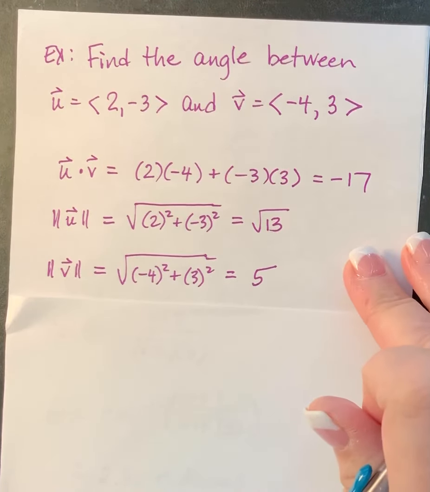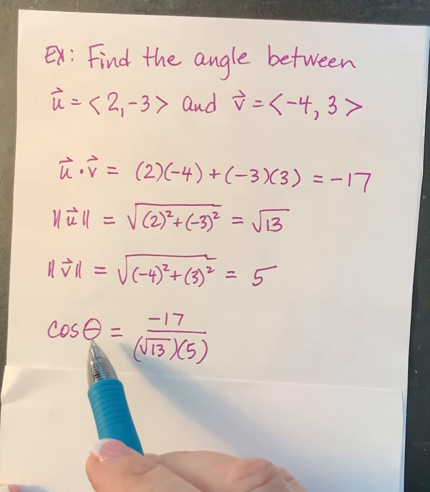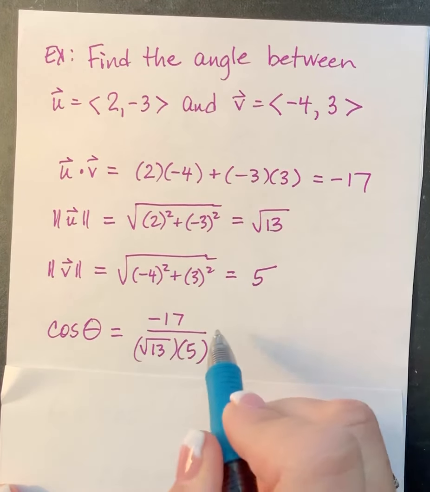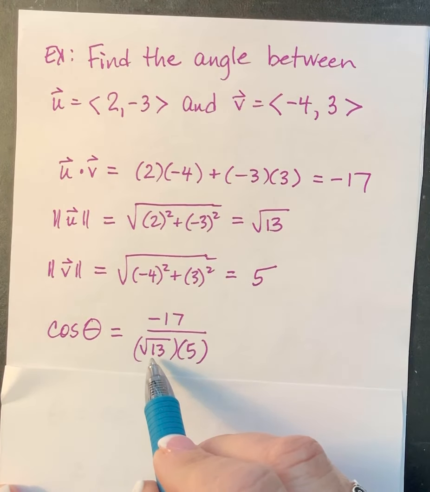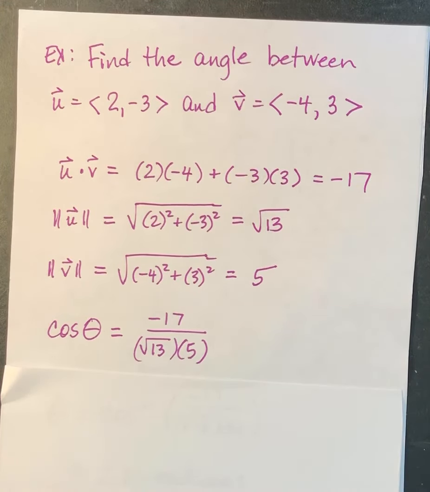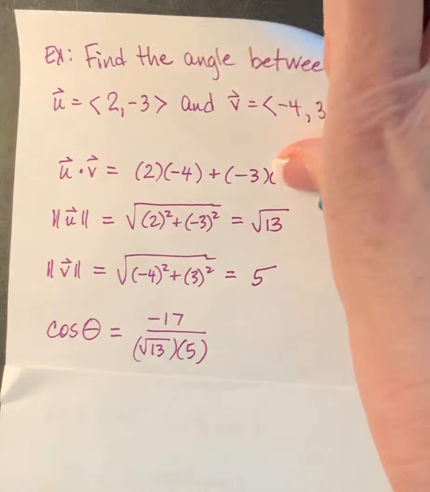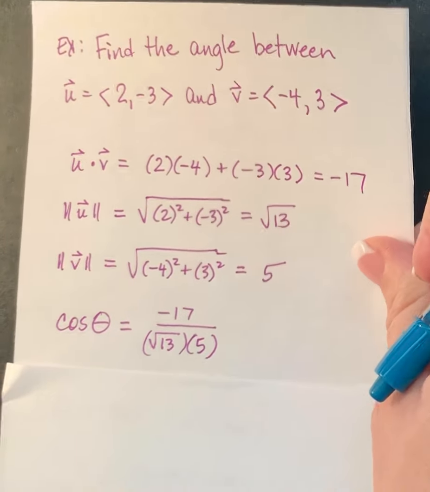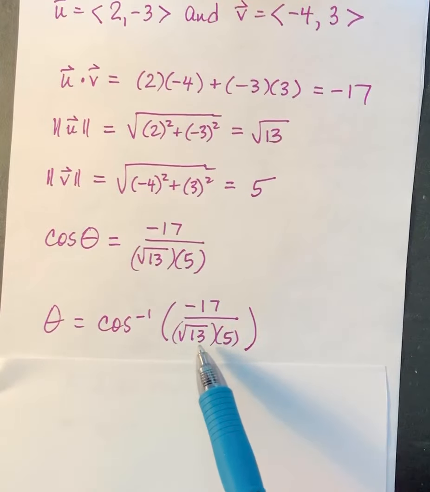So if we use the formula that we were just discussing, the cosine of the angle between them is equal to, you'll have the dot product on the top, so that's the -17, and then divided by the product of the two magnitudes. Okay, now in order to figure out theta, you're going to need to use the inverse cosine. So you'll be doing the inverse cosine of that expression.